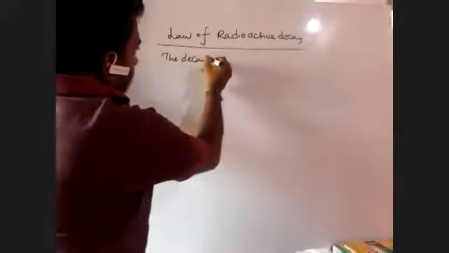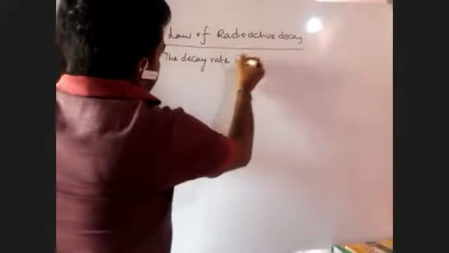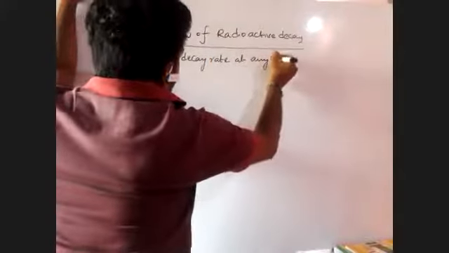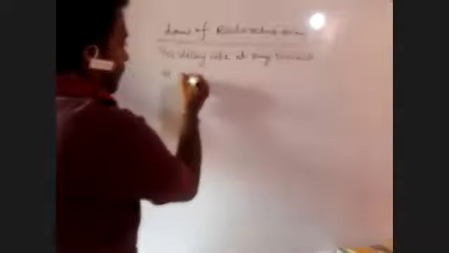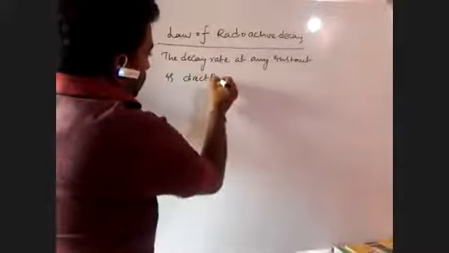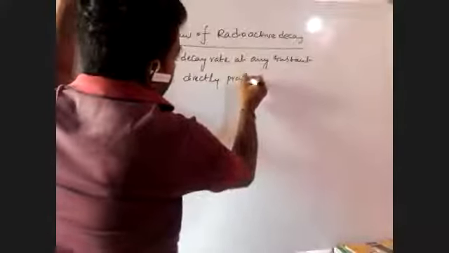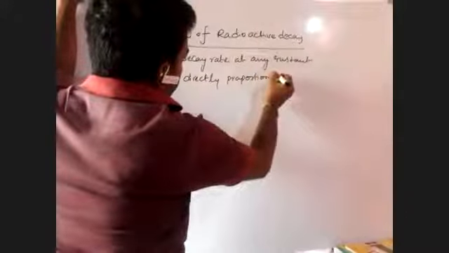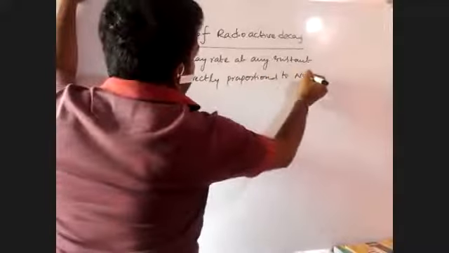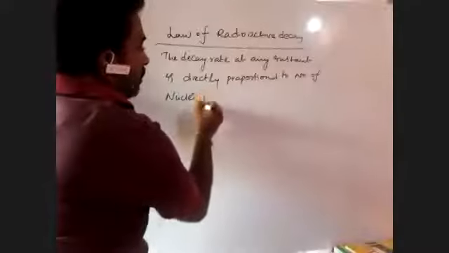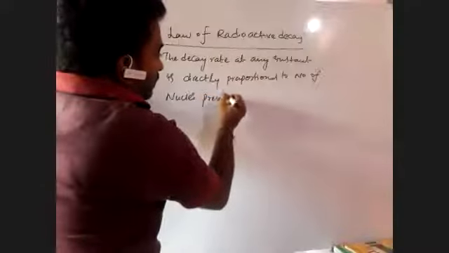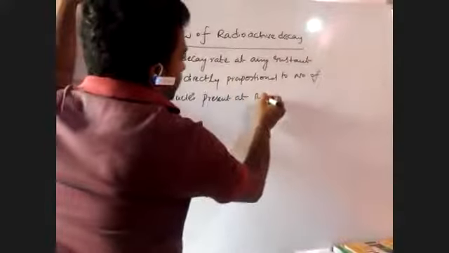The decay rate at any instant is directly proportional to the number of nuclei present at that instant or at that time.